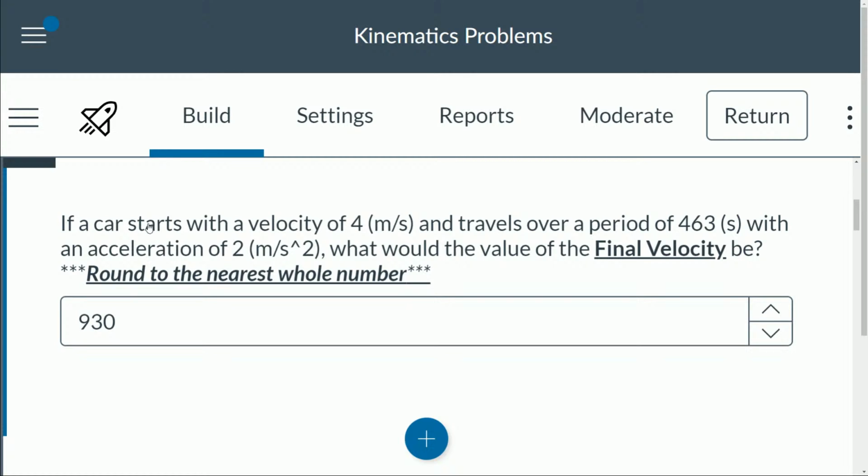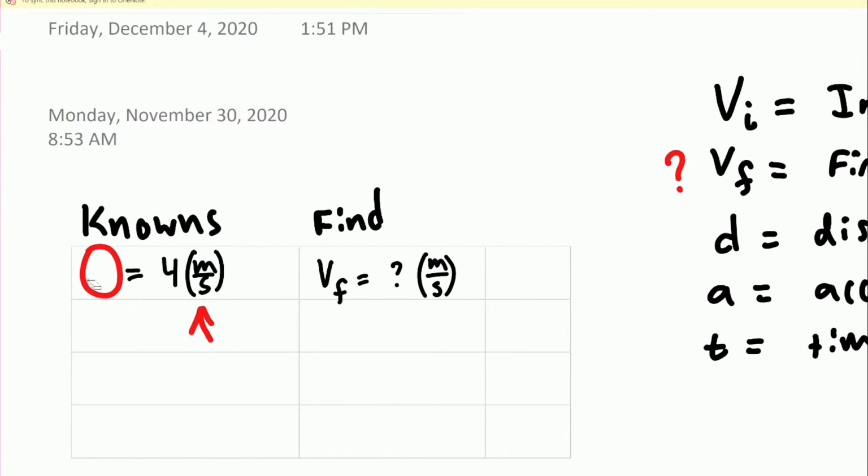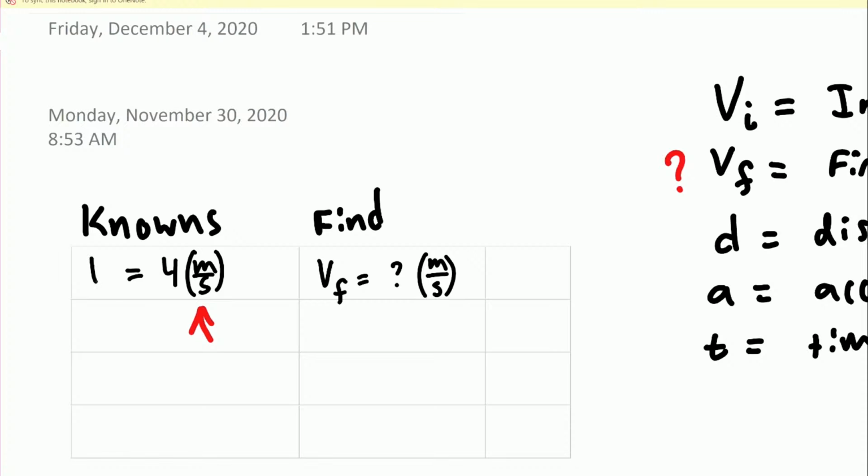So another word for starting is initializing, or the initial state, or the initial velocity. Cool with that? So this variable would be v sub i. Okay.